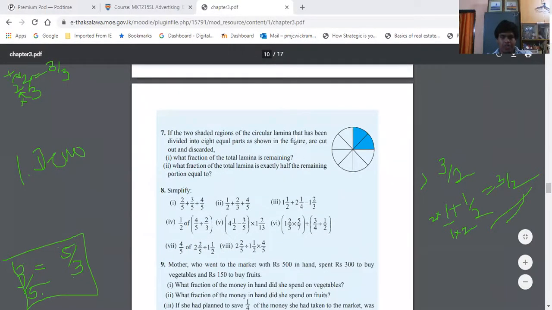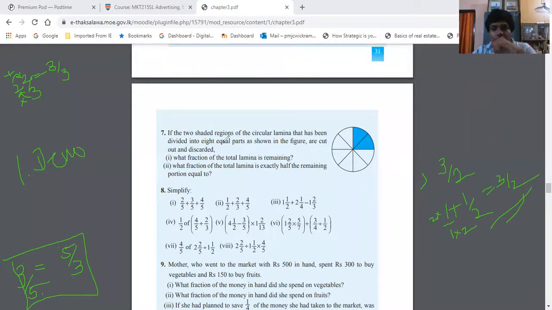We'll move on to this one. This one seems better. If the two shaded regions of the circular lamina that has been divided into 8 equal parts as shown in the figure are cut out and discarded, what fraction of the total lamina is remaining? If these two parts are cut out and thrown away, how many parts are remaining?